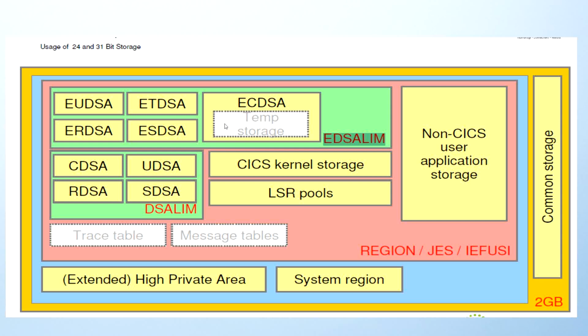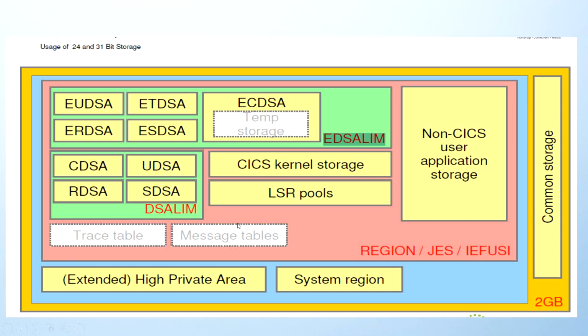So this picture only shows 24 and 31-bit storage, but this is how the internal CICS storage is split based on the EDSALIM and DSALIM SIT parameters, which we're going to discuss in other videos when we talk in depth about CICS.